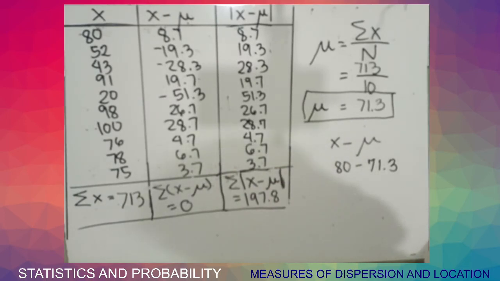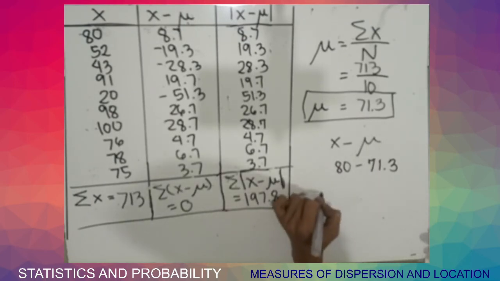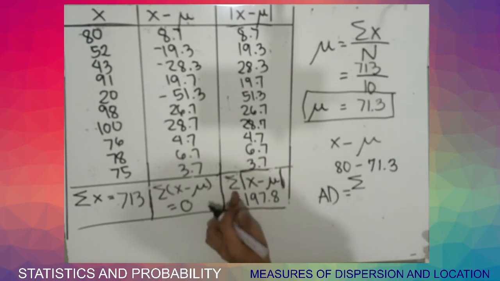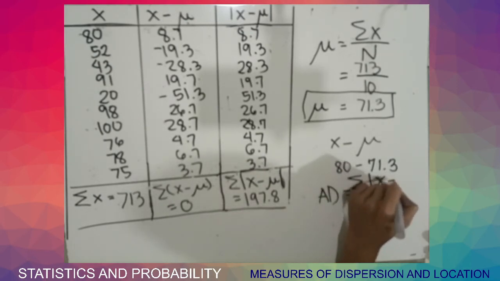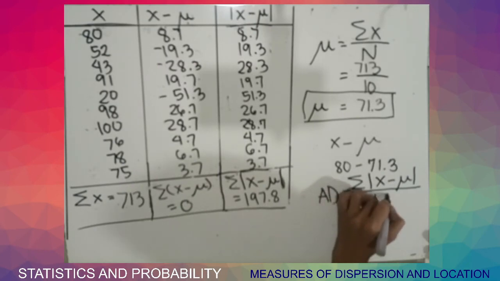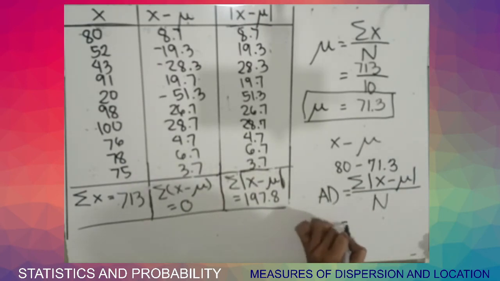197. Okay. So 197.8 siya. Okay. So pwede natin i-compute si average deviation natin. So AD is equals to summation of the absolute value of x minus mu divided by uppercase N or malaking N. Okay.